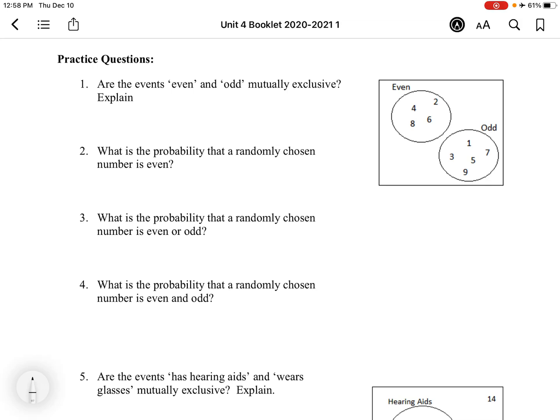Well, firstly, even if we didn't have a Venn diagram in front of us, we should all know that even and odd is mutually exclusive because you can't have a number that's even and odd at the same time. So yes, you can't be even and odd at the same time.